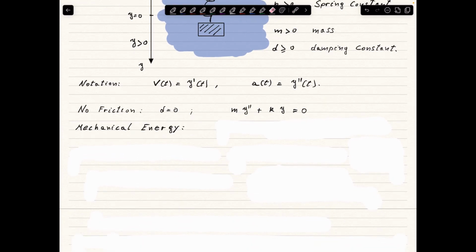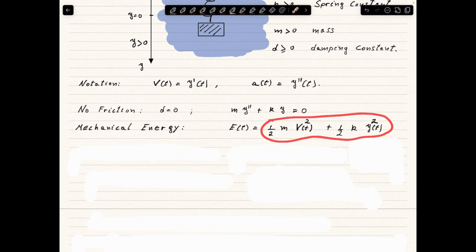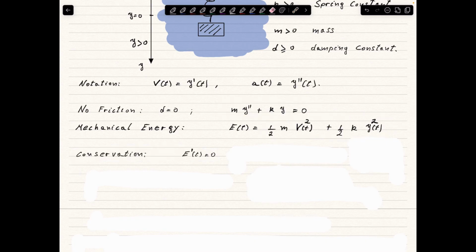In that case, when we don't have friction, we introduce something called the mechanical energy of the system, which is given by this formula: 1/2 the mass times the velocity squared plus 1/2 the spring constant times the displacement squared. This quantity is important because we showed in the previous video that Newton's equation of motion implies that this quantity is conserved along the motion.